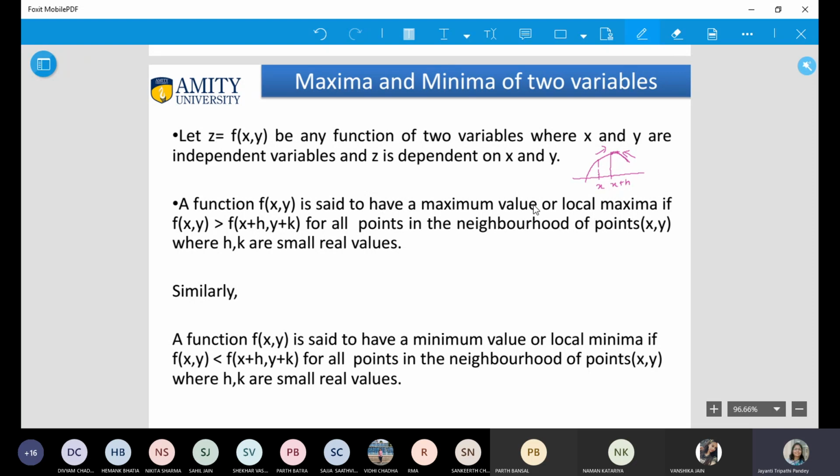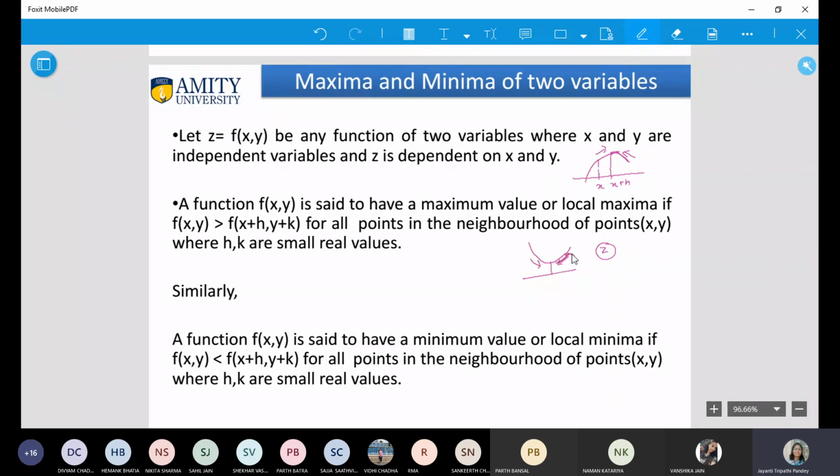Okay, and if something like this you have, that this side also it is decreasing and this side also it is decreasing, this is minimum, right? When I am saying decreasing value, I am talking about z. Here also z is decreasing, here also z is decreasing. But when we treat it as a function, this is decreasing function and this is increasing function.